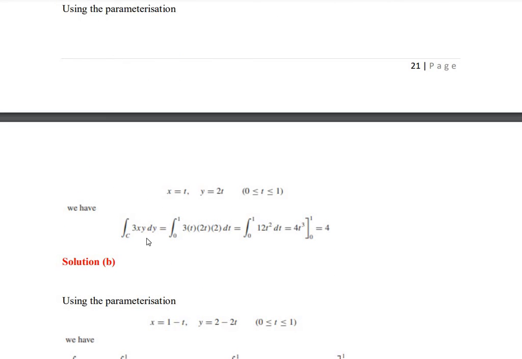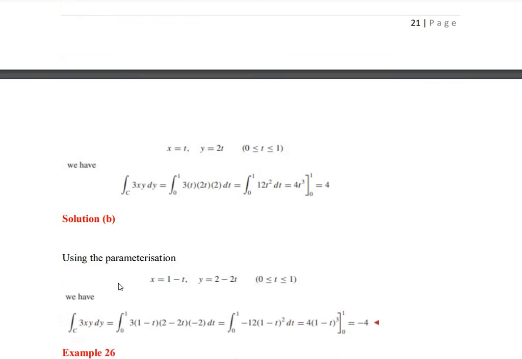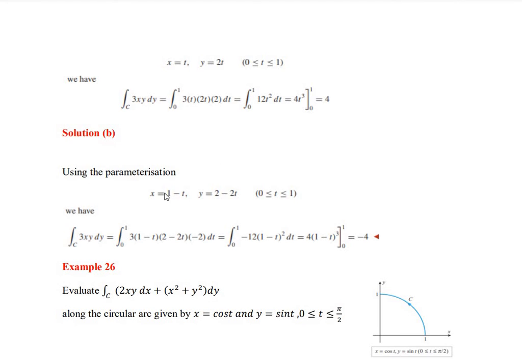So the integral of 3xy dy, where x is equal to t and y is equal to 2t, and t varies from 0 to 1. Okay, so we will get this one. The answer is 4.